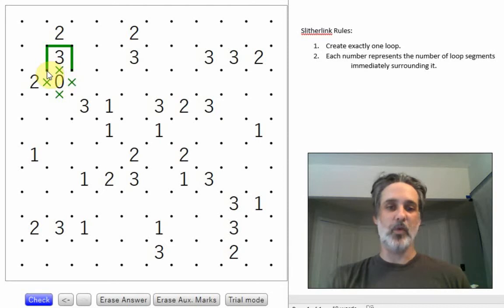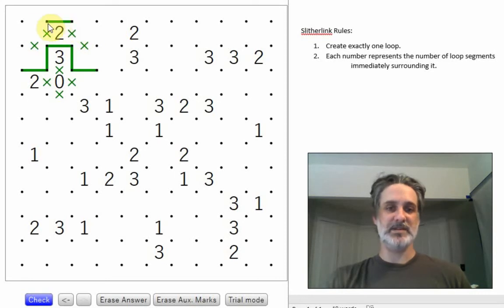Now, to create one loop, I have to extend this dot and this dot outwards, because otherwise the loop would stop. And that wouldn't create a loop, it would just be a little path there. Additionally, the loop cannot intersect itself, so that's a no-go. We can't have segments there, because it would intersect itself.